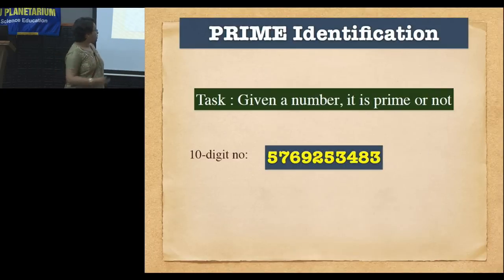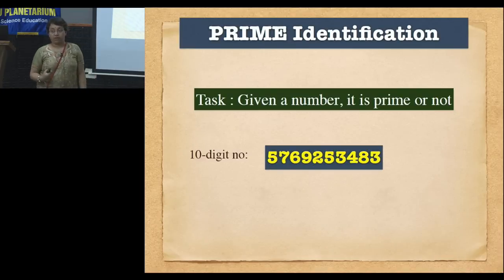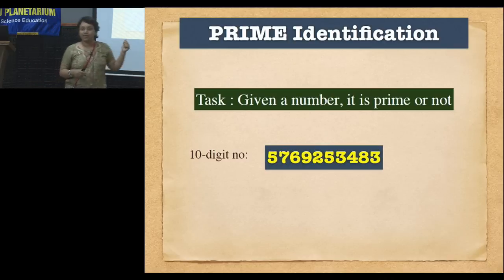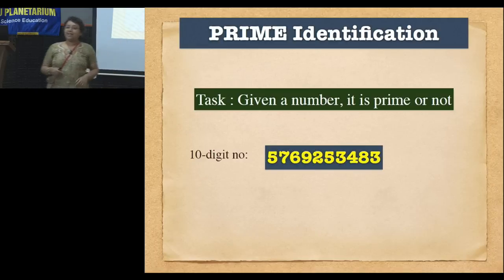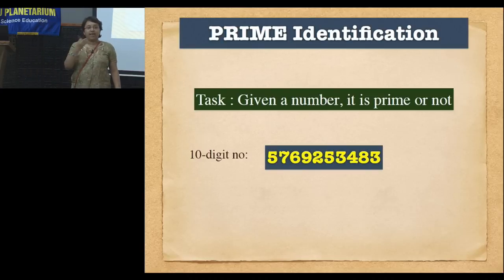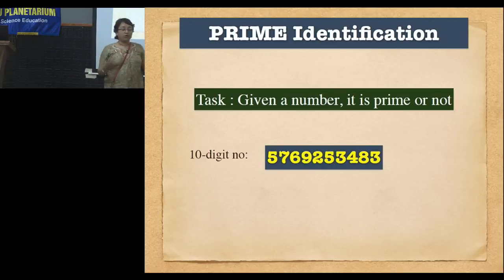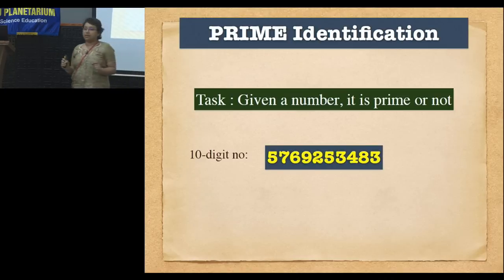But now suppose I give you a 10-digit number. Actually, I typed it randomly, only I was careful that the last digit should be an odd number, so I put 3. Now I ask you, tell me whether this number is prime or not. Now it's not so easy, right?